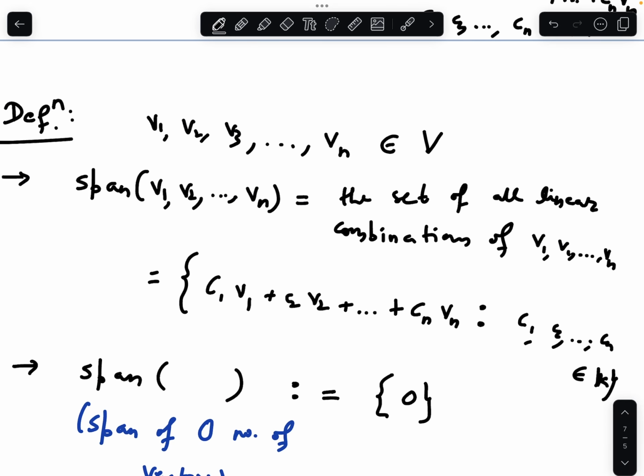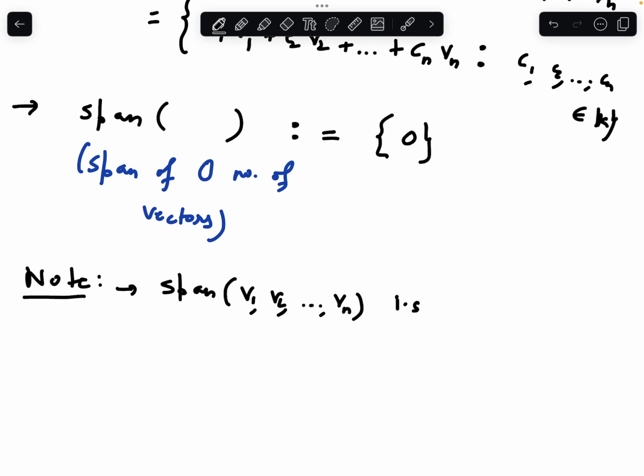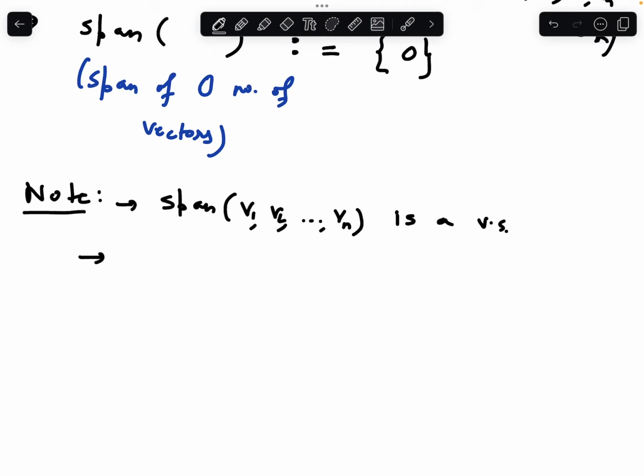Why I define this span is because it's a very important subspace of V, right? So span is a vector space. It's actually a subspace of V.